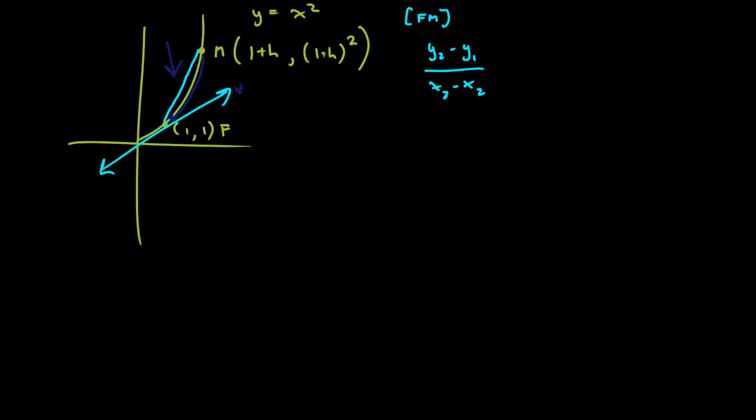Well, y2 is (1 plus h) squared minus 1, no, that's not correct. Let me back up just a second here. Okay, so there we go. Now we got it.